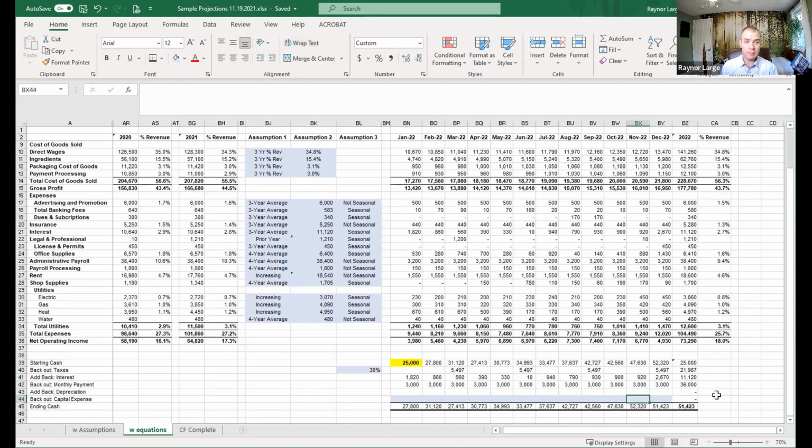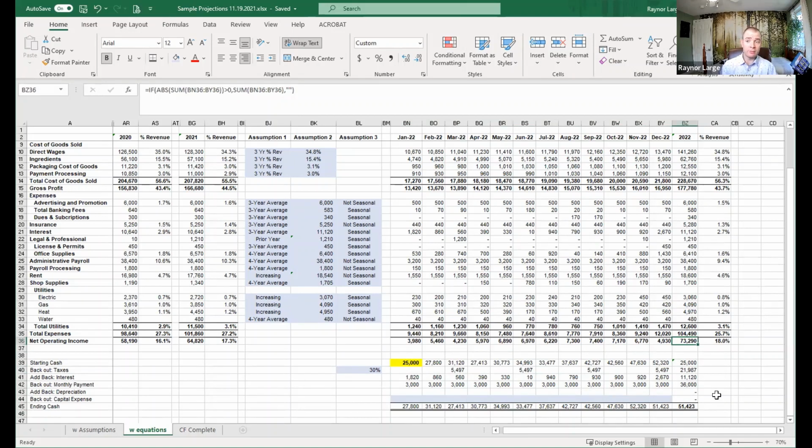And right now I don't spend anything on any capital expense or depreciation. So I go from 25,000 to 51,000. So it's not as simple as saying I started with 25,000 and I made 73,000. We want to take into account these other things.